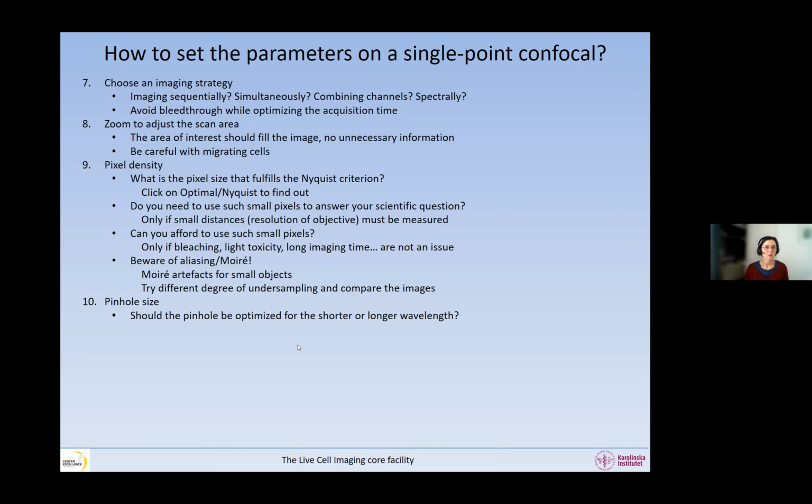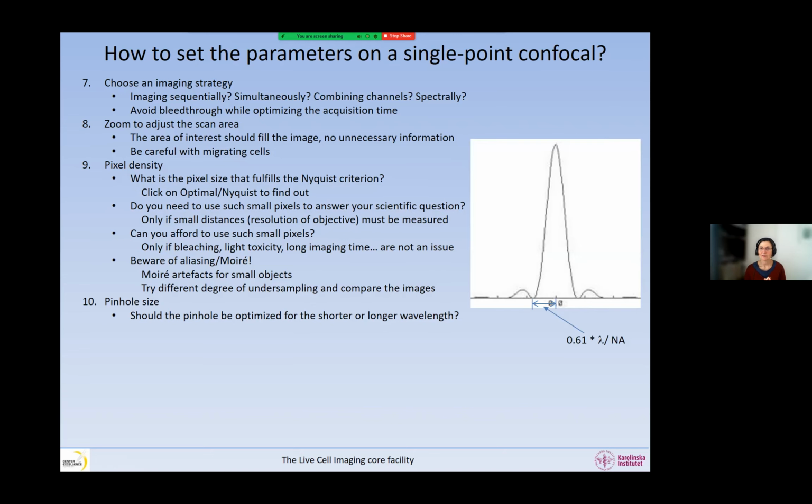Okay, so I'm going to try and go a little bit faster because otherwise I won't finish. So here we have, once you have done this, you're going to set the pinhole size. So should the pinhole be optimized for the shortest or longer wavelength? This is a little bit of a tricky one, but basically you remember that the pinhole size is measured in 1 Airy unit, and that is because it is normalized for each wavelength to the distance between the 0 here and the 0 here.